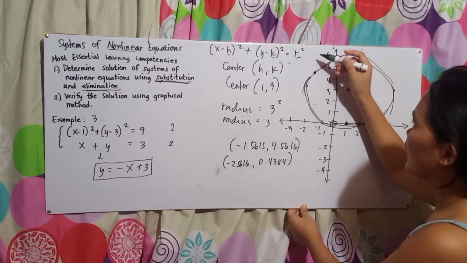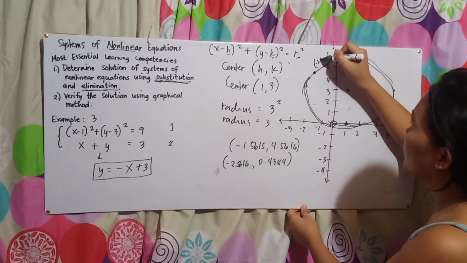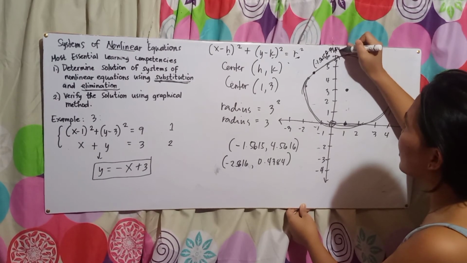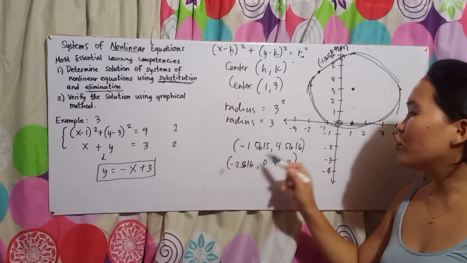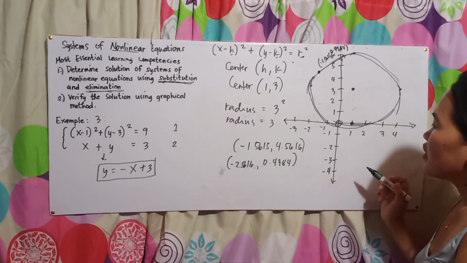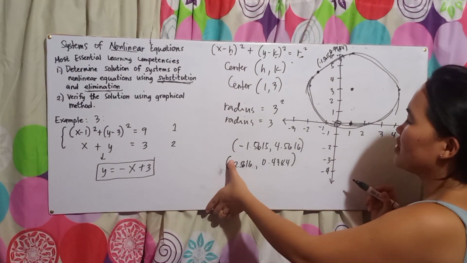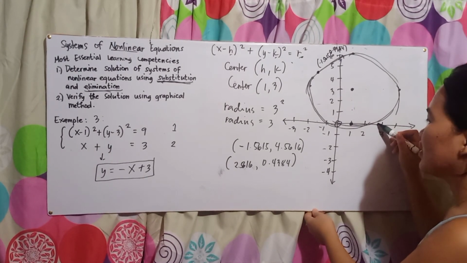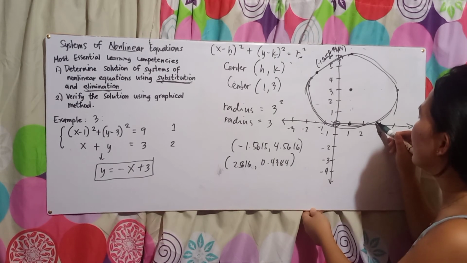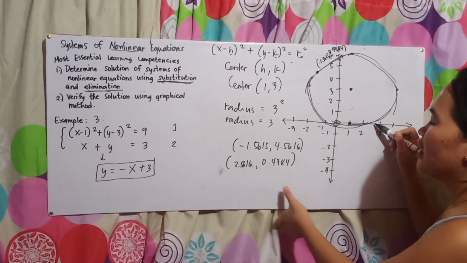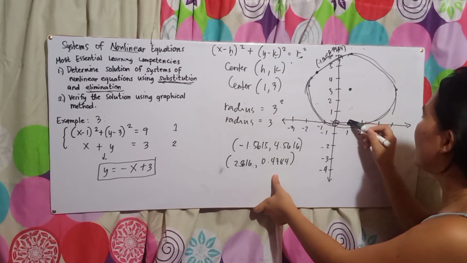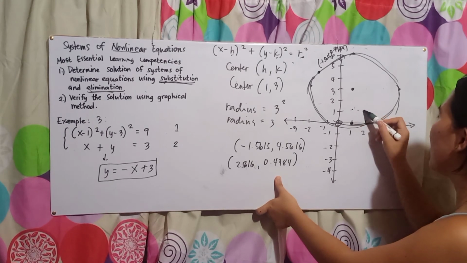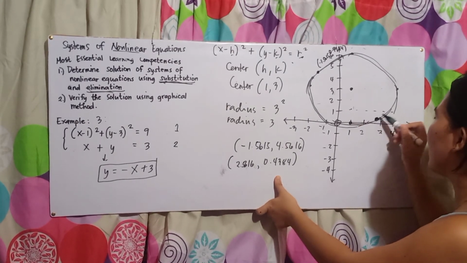So, una yung ordered pair na negative 1.5615, 4.5615. Then, ang isa, positive 2.5616, so diri. Then, ang y is 0.4384, so mga dira lang. Dili kaabot sa 1.